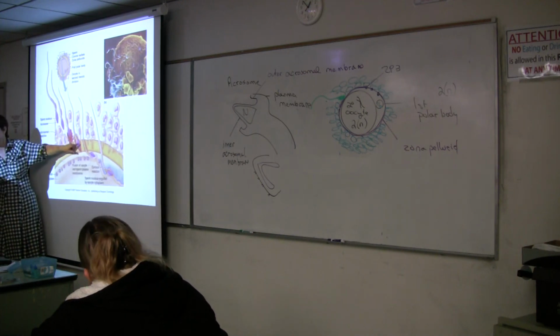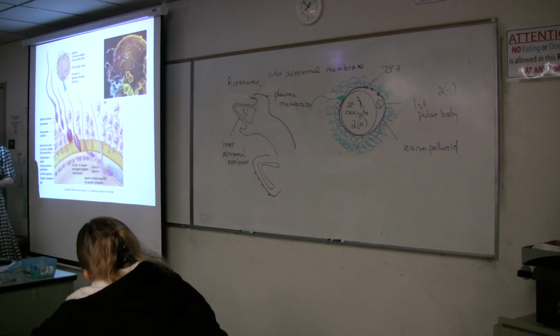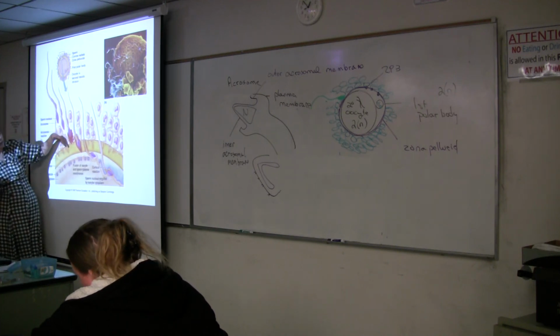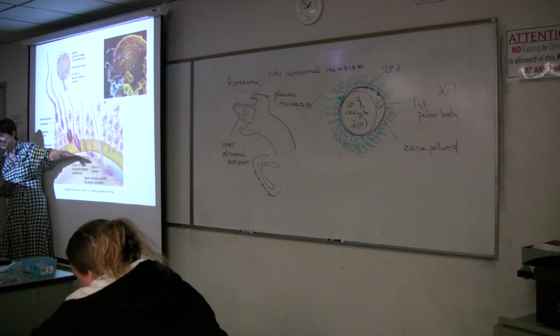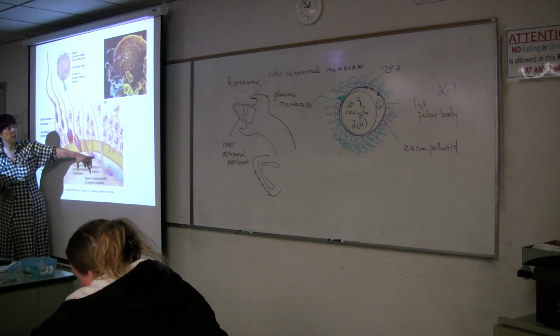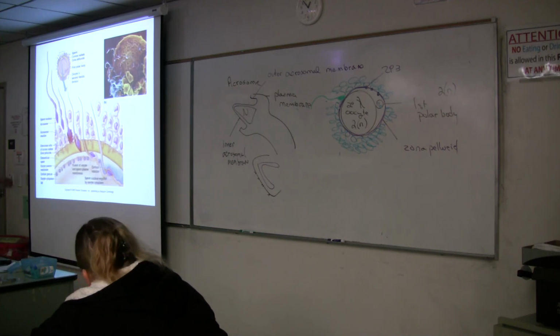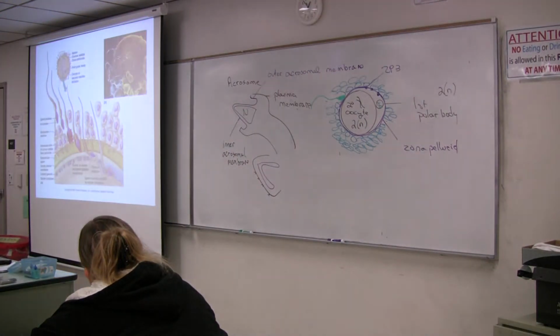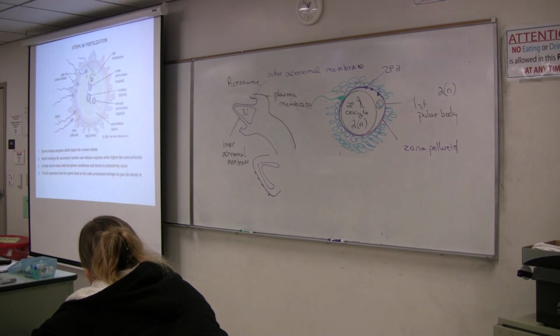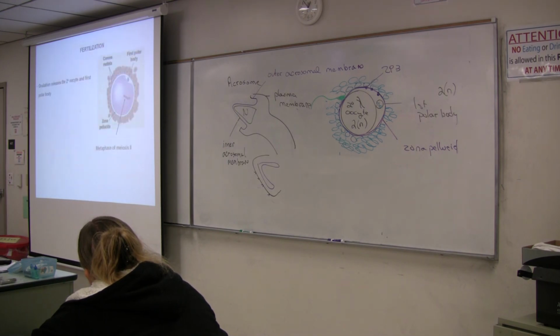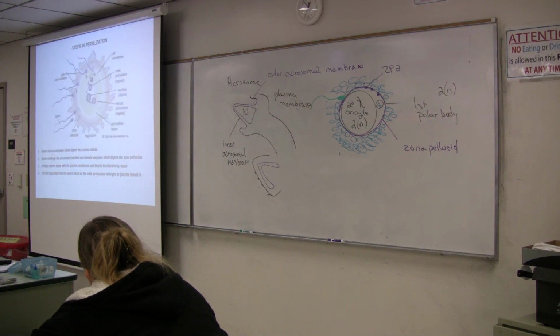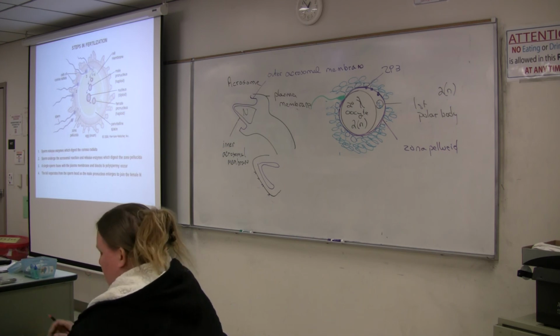Those enzymes will digest through the zona pellucida, and then the sperm comes in kind of sideways and binds to receptors on molecules on the egg membrane itself. All right? So the ZP3 is a zona pellucida protein, and then it's going to bind to the egg protein. All right?